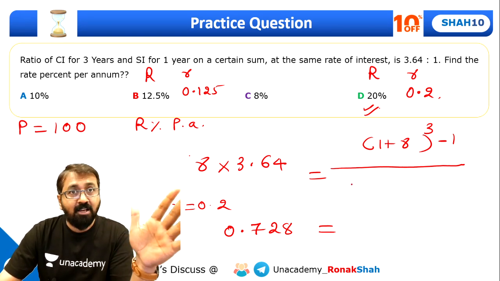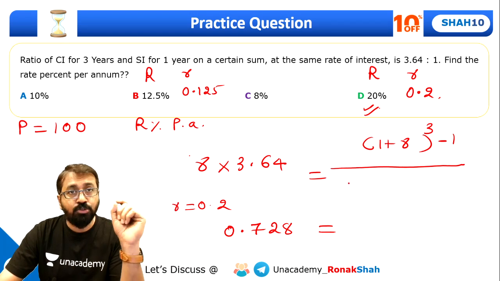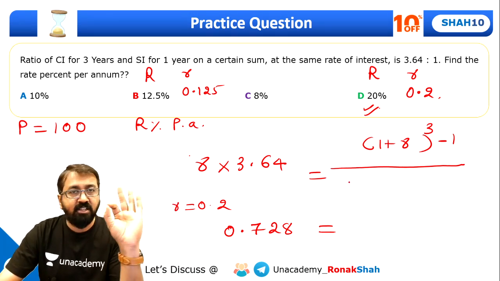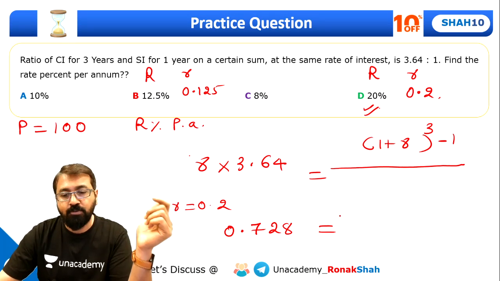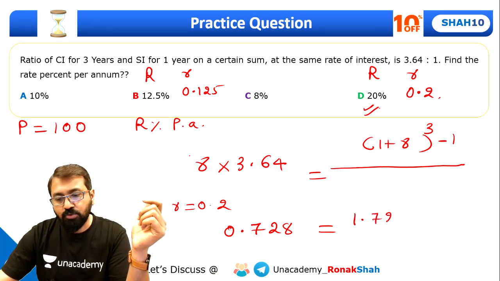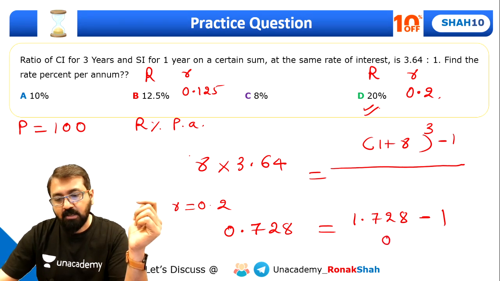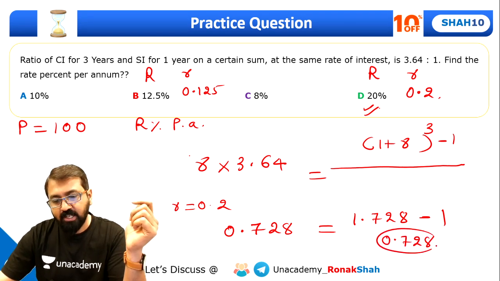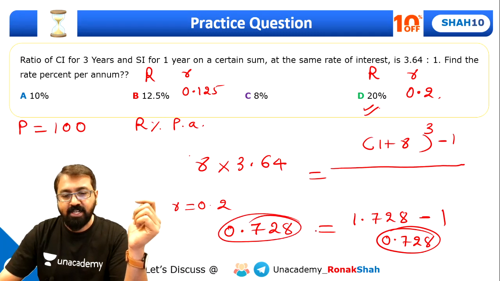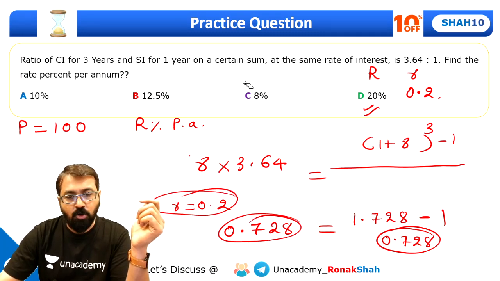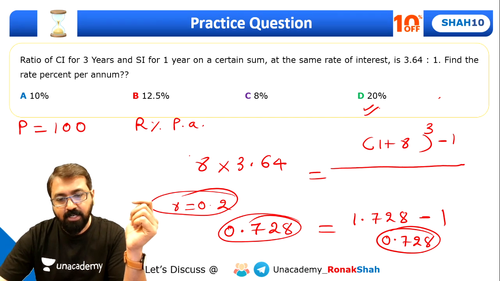As I always recommend, you should remember cubes of the first 15 numbers. So 12 cube, you should be very clear, is 1728. So 1.2 cube will be 1.728 minus 1. So this comes out to be nothing but 0.728. Since my left hand side is equal to right hand side, the value of r has to be 0.2, and the correct answer option is nothing but 20%.